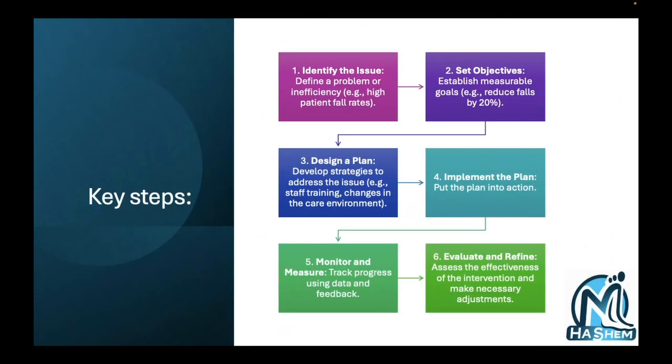So we went and tried to standardize the documentation in our trust. We made a smart phrase for everyone. A smart phrase is like a format or template. So everyone who sees an emergent orthopedic case in the emergency department uses one of the templates and fills it in, what we call a proforma.